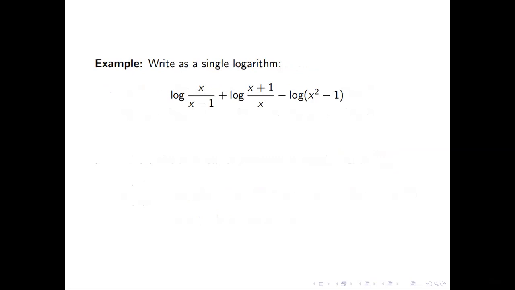So if we want to write as a single logarithm, when we see a sum, we convert it to a single logarithm by multiplying the factors in the individual logarithms. And we have a minus here. Since logarithms convert division to subtraction, when we see a subtraction, we do division, when we are converting it back to a single logarithm, as follows.